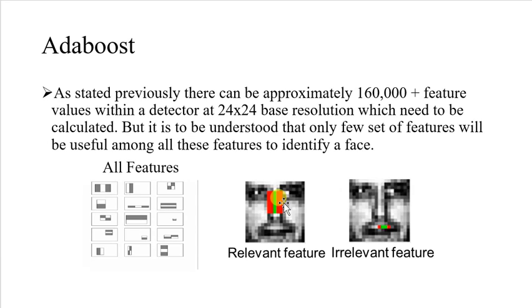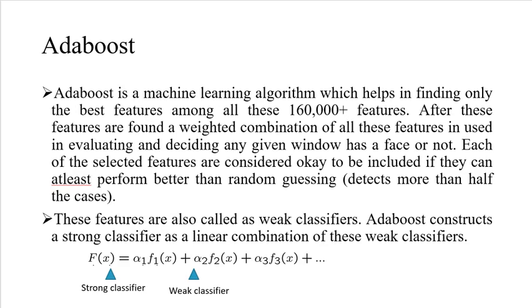If it gives a 0 output, it means that there is no presence of this feature, meaning this pattern is not present in the input image. Similarly, all these classifiers output a binary value, either 1 or 0.